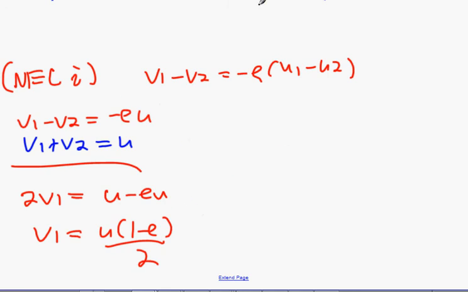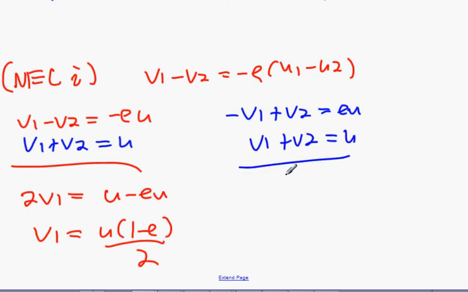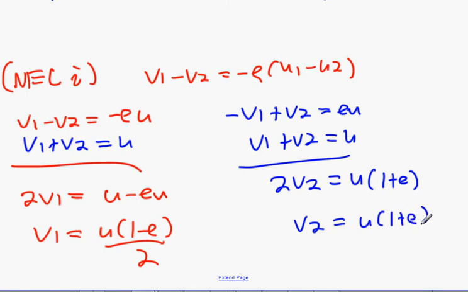Now I'm going to manipulate this equation for V2, so I'm going to get minus V1 plus V2 equals plus EU. V1 plus V2 equals U. 2V2 ends up to be U into 1 plus E. V2 is U into 1 plus E all over 2. Now look at these equations, lads.